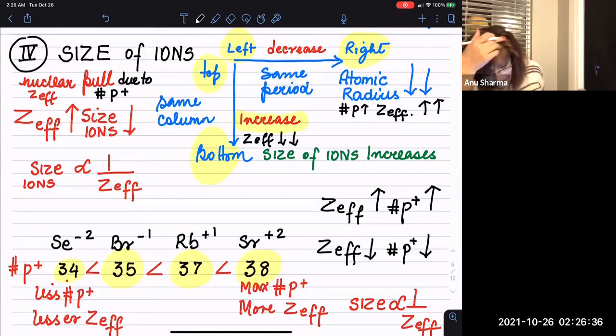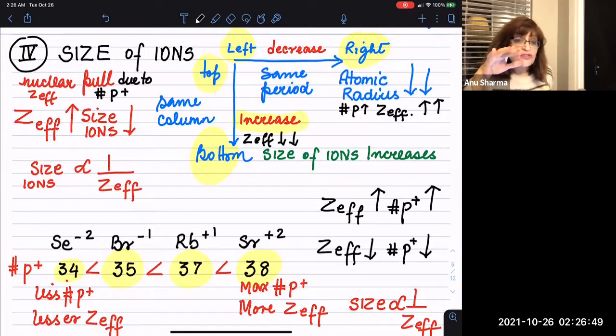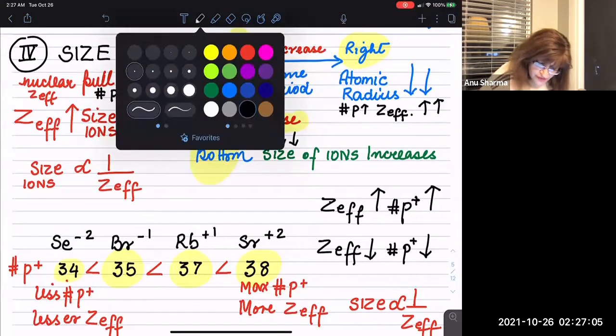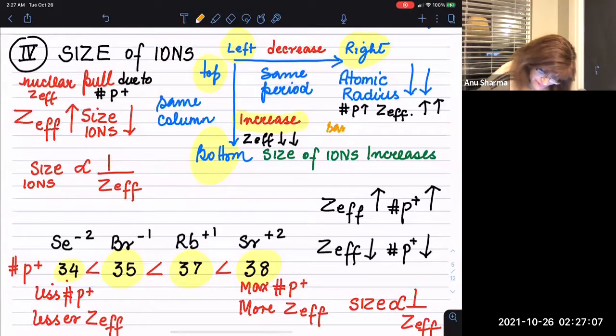Now in the same period, if you go from left to right, you will see that the atomic radius comes down. Why? Because the nuclear pull has increased. As you go from left to right, the number of protons is increasing, and the energy level is the same.